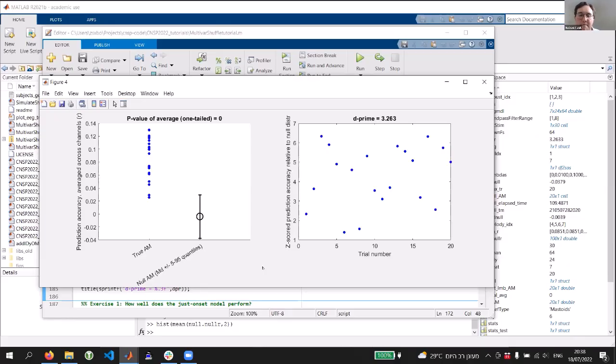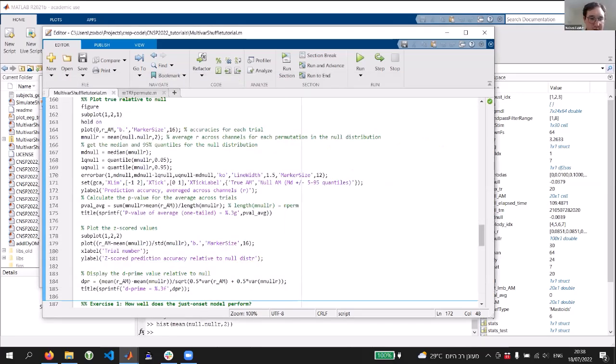So that's one way of looking at it. But like I mentioned, it's useful then to compare this to lots of other subjects. And you don't necessarily need a bunch of p-values to tell you that. One useful thing is to essentially normalize these true values relative to the subject's null distribution. That's what I've done here. Each of these dots, I've z-scored relative to the null distribution. I'll just show you the math I've done here.